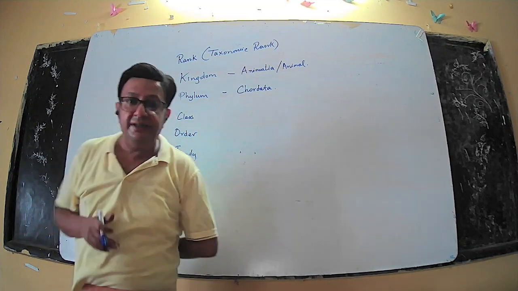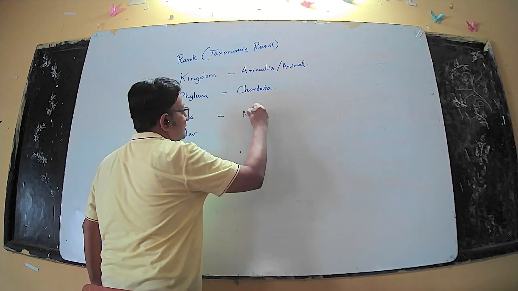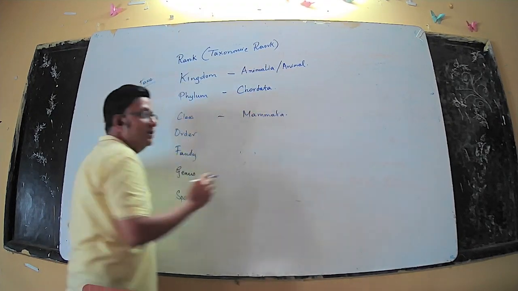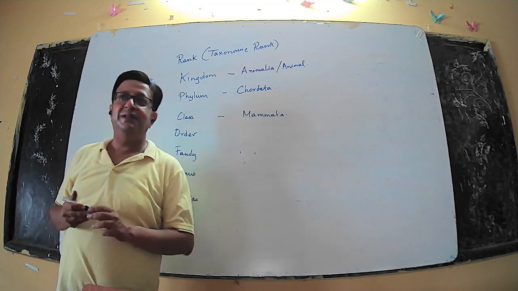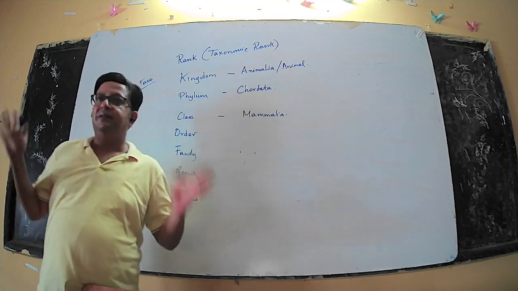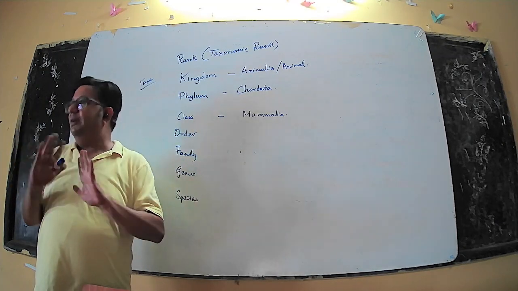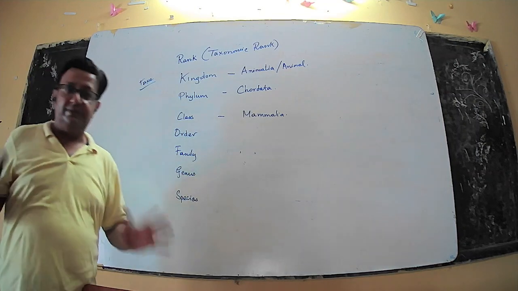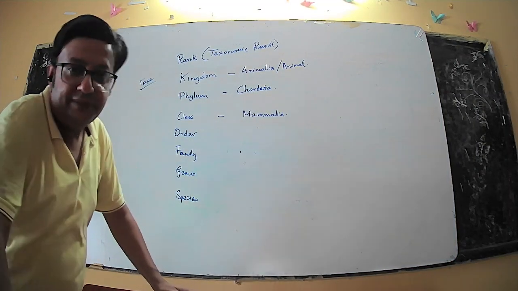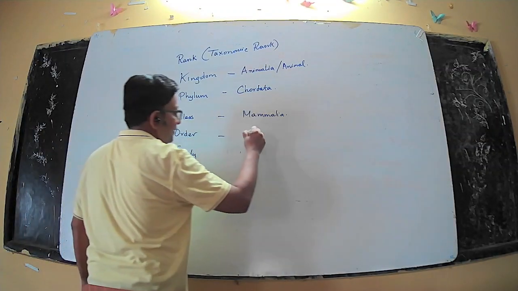Then class Mammalia. Because they have mammary glands, both males and females have mammary glands. They have hairs on their body, and everything is basically the same. So Mammalia. Then next comes order Primates. Why primates?